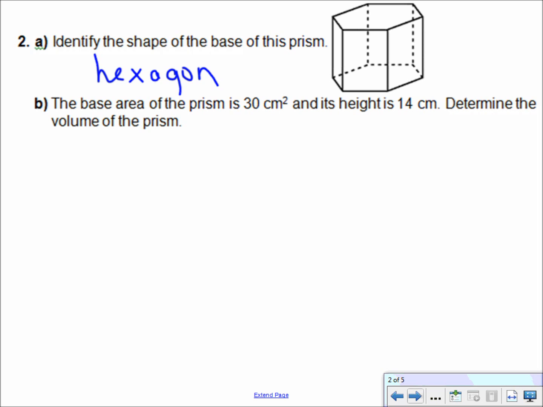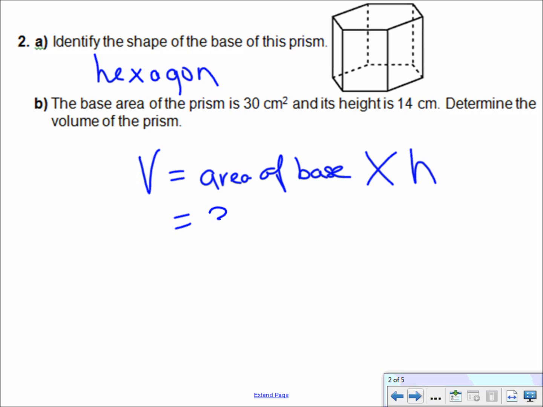So all you do is take the area times the height. So volume is area of base times height of the object. In this case, it's just going to be 30 times 14, which is 420. Do I have a unit?